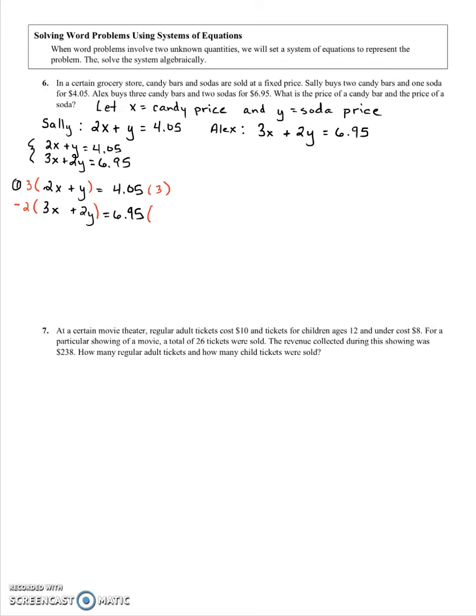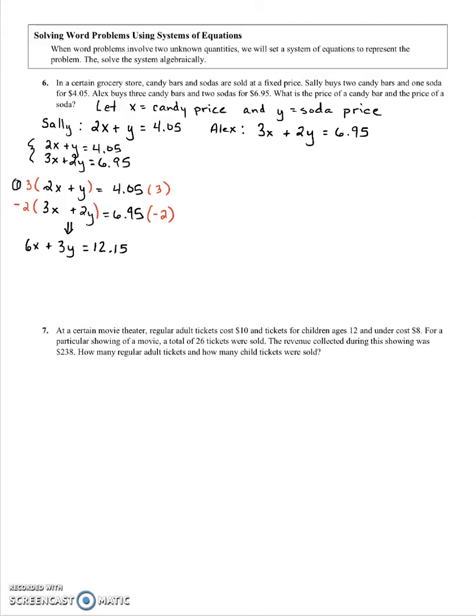I know in the example in the previous video, we only had to multiply one equation by a number, but sometimes we have to multiply both equations. So, what does that get us? Well, when we distribute in the first equation, we get 6x plus 3y equals 12.15.